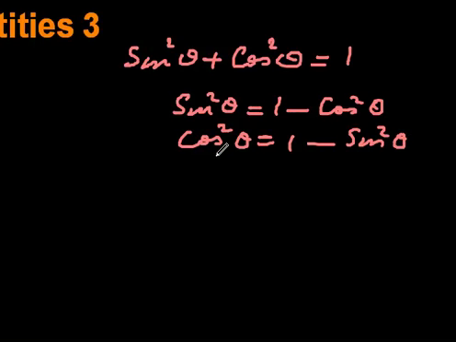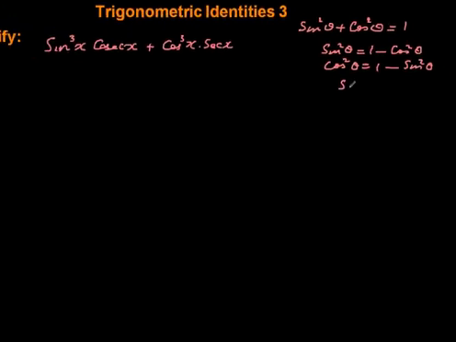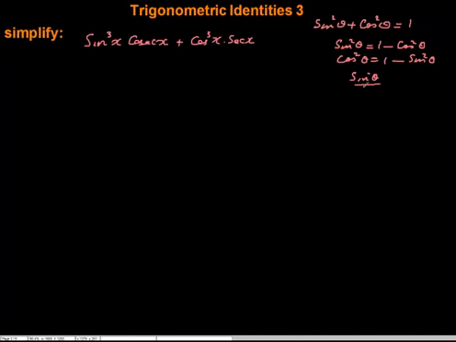We also know that sine theta over cos theta is equal to tan theta. So these are the things which we already know. We also know that sine of any angle has a reciprocal, cosec.